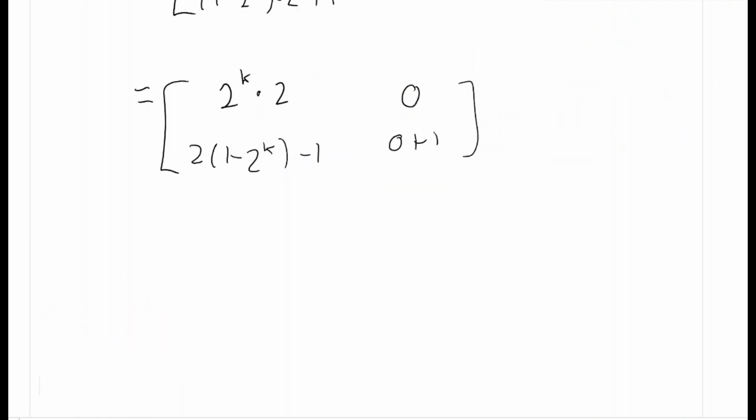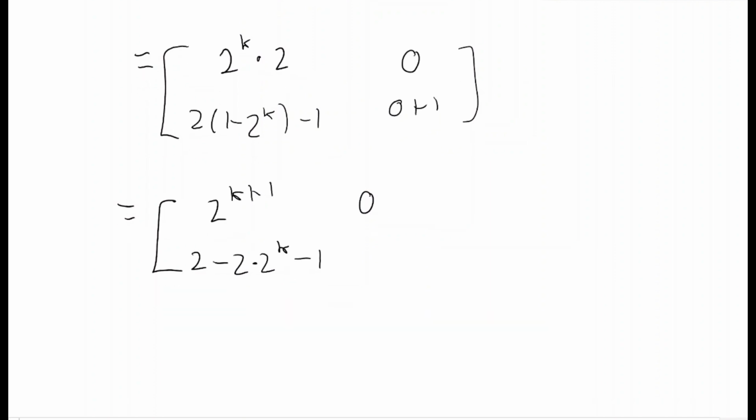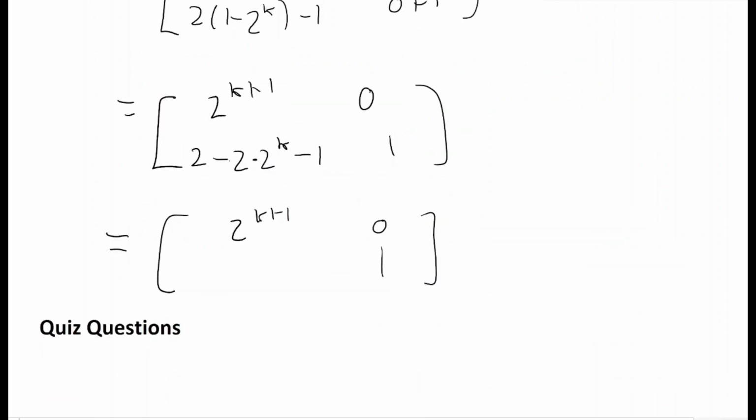All right, so that top left bit is 2 to the k plus 1, using our index laws. This is 2 take 2 times 2 to the k, take 1. And then this is 1 on the bottom right. Now, if you think about it, 2 take 1 is 1. And then that bit there is 2 to the k plus 1.